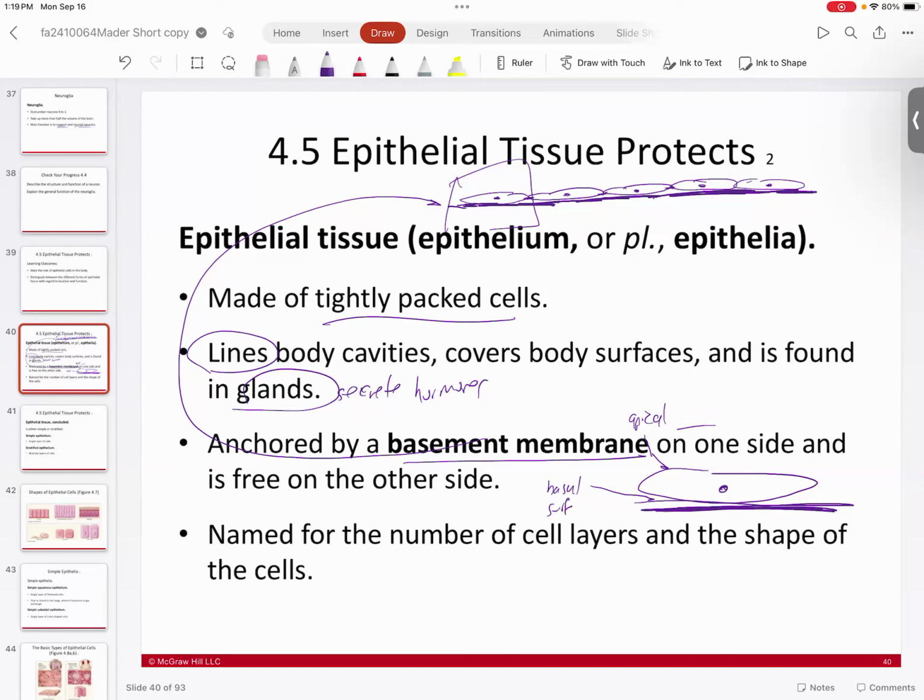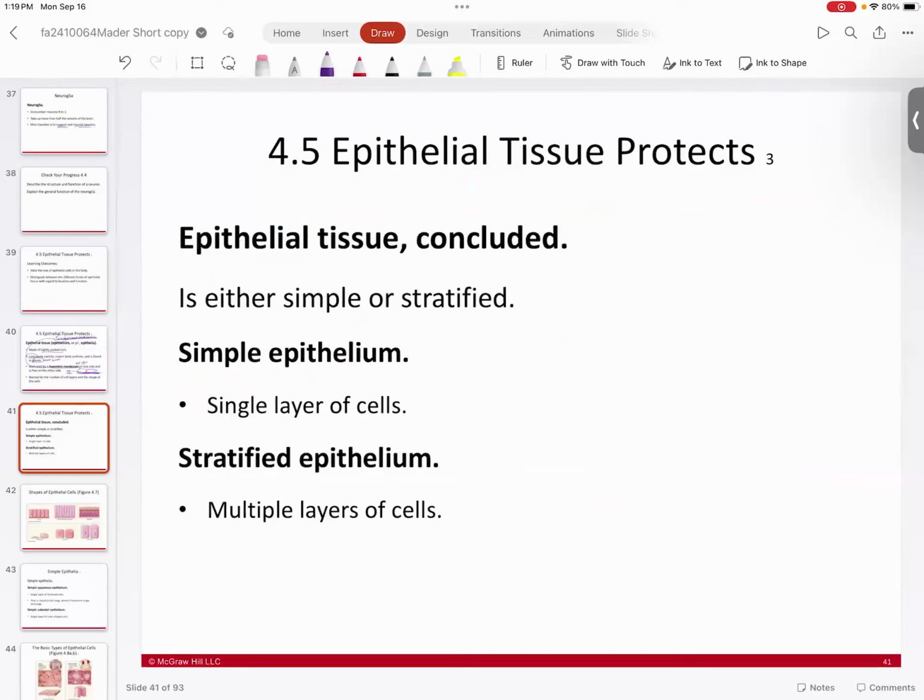The basal surface and the apical surface, so there's two of them, and the apical is the free space side. The reason I wanted to change that is because the organization of your apical versus basal surface is what's going to define you as a tissue in terms of how many layers you have.